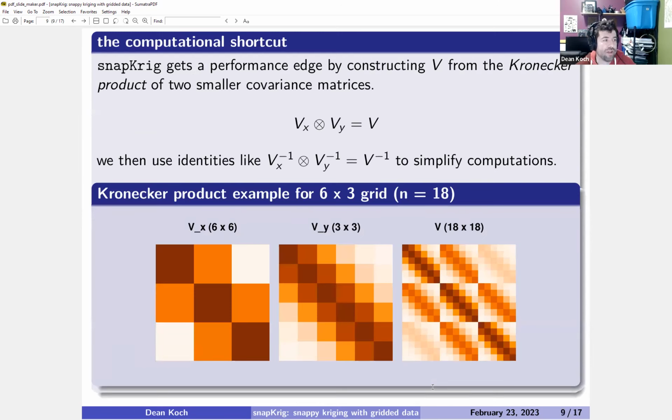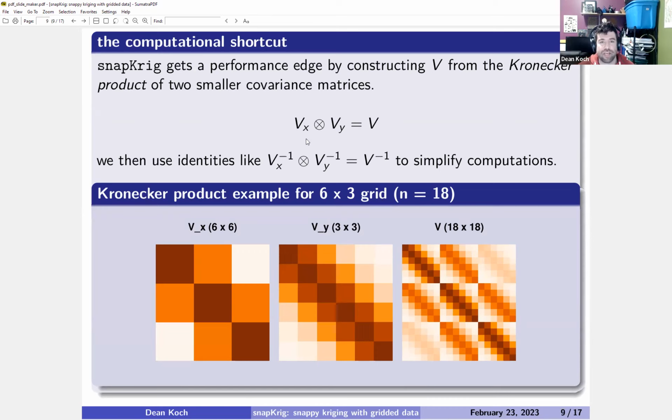The trick with snapKrig is that we use a particular model for the covariance in which the covariance matrix V becomes a Kronecker product of two smaller covariance matrices.